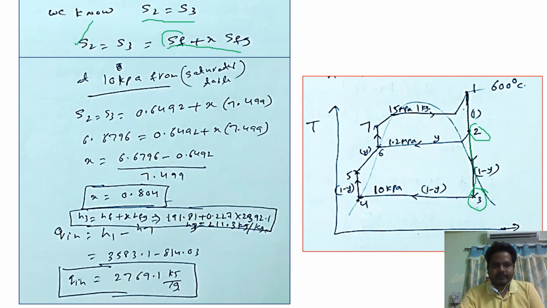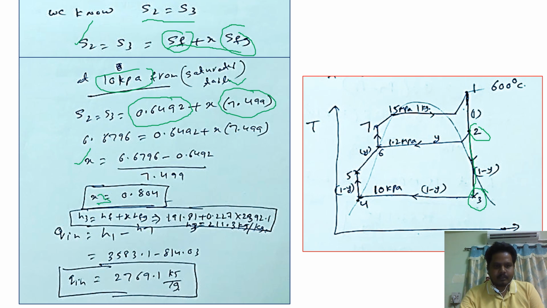Here the SF and SFG values we have to take from the steam table at 10 kilopascal, because at point 3 the pressure is 10 kilopascal, which is in the saturation zone. So we refer to the saturation table at 10 kilopascal, get the values of SF and SFG, and once you substitute, we can get the dryness fraction X3.